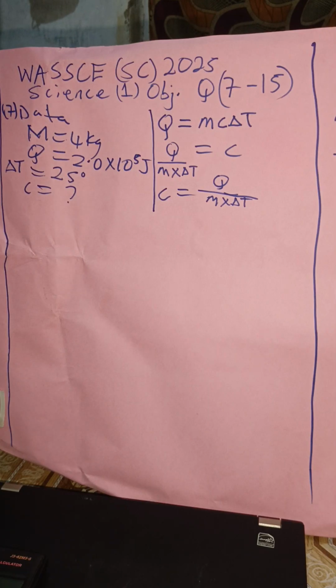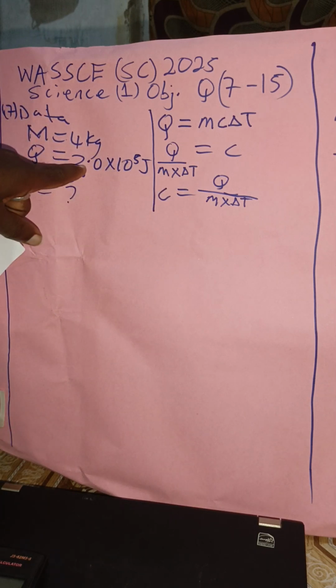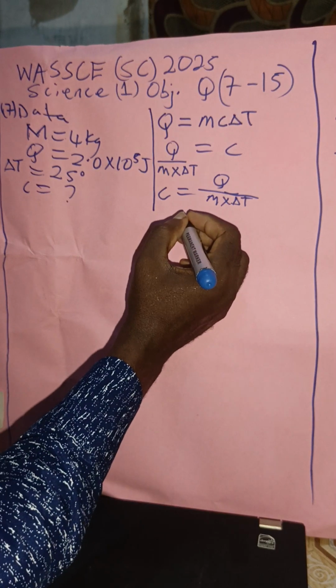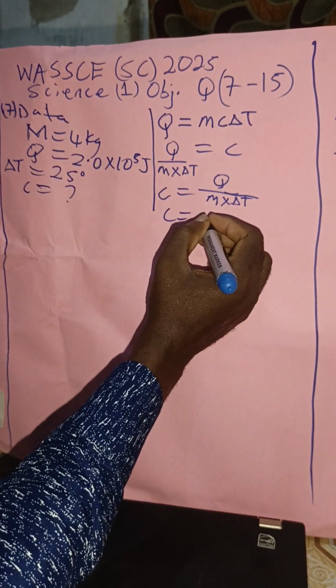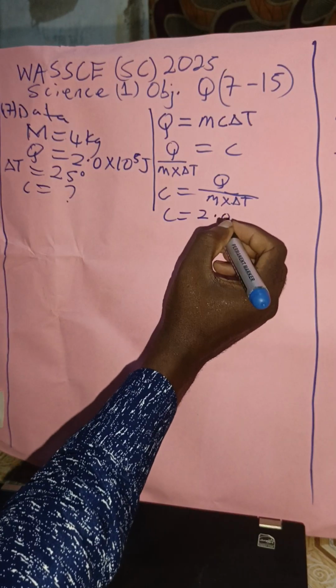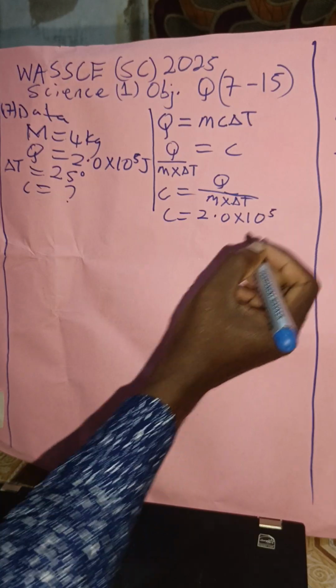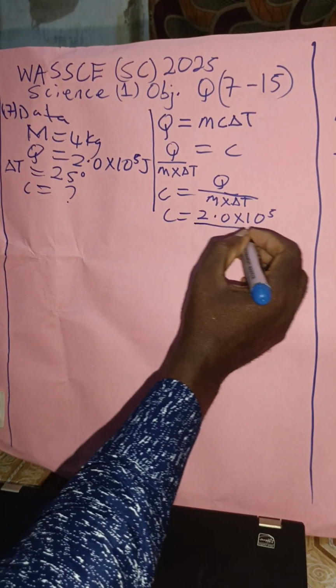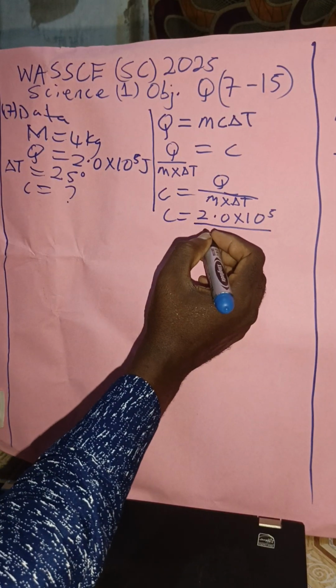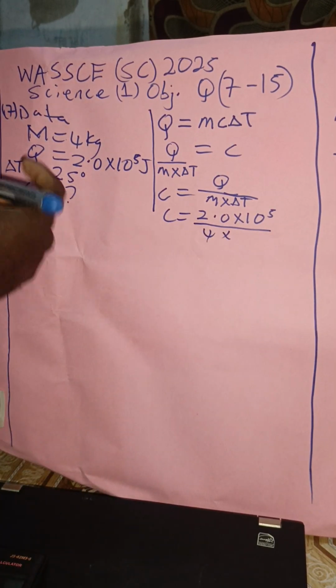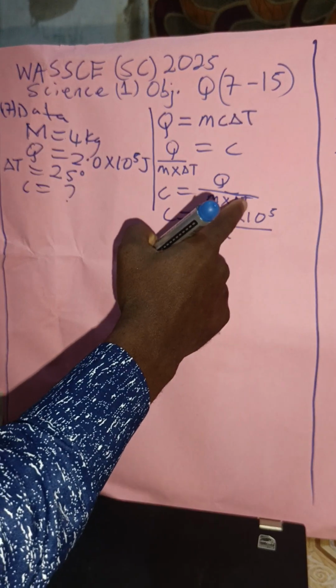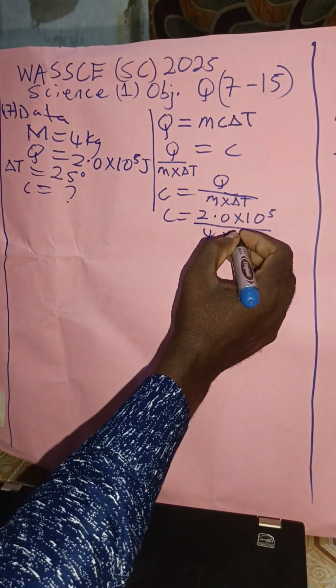We substitute and do the calculation. Here we calculate specific heat capacity. The quantity of heat is 2.0 times 10 to the power of 5, divided by the mass, which is 4, multiplied by the change in temperature, which is 25.